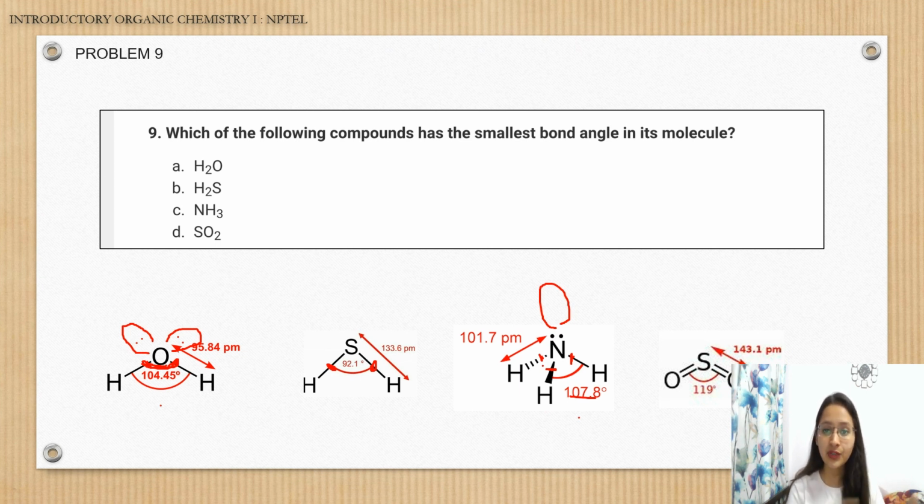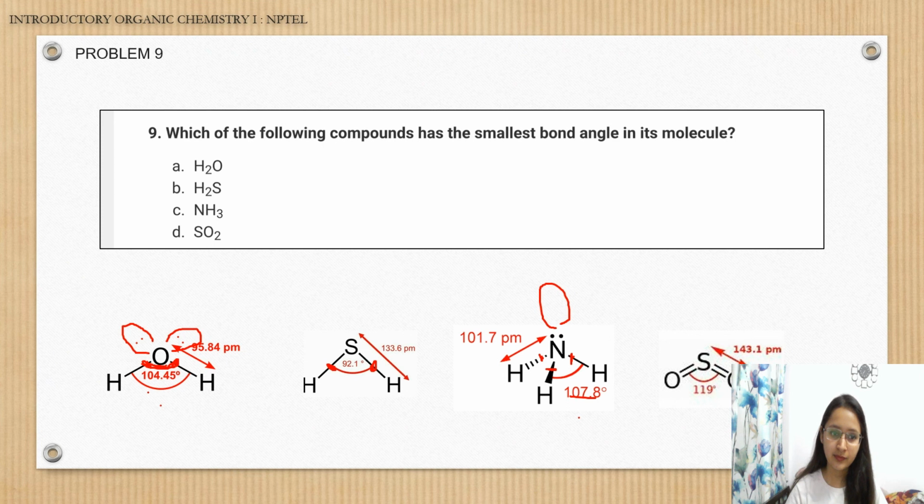So the angle should be higher than in ammonia, because nitrogen is not that electronegative, so the electron crowding is not as much in comparison to oxygen. Getting my question? But here you are getting a higher value of bond angle for ammonia than water.